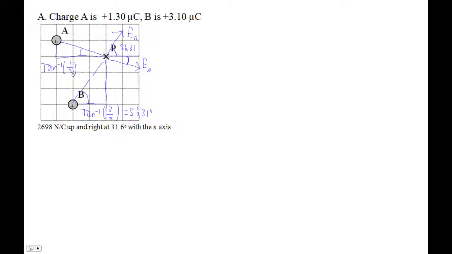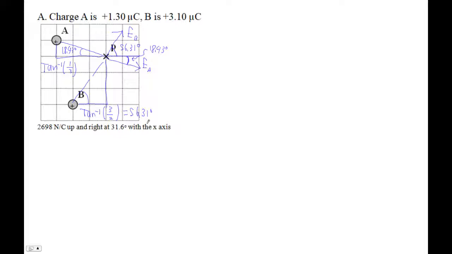It's a small angle, so I'm going to go second tan of 1 divided by 3. 18.43 degrees is this angle, okay? And this guy right here is 18.43 degrees. This is going to be fun.